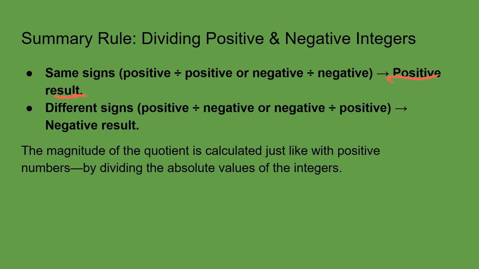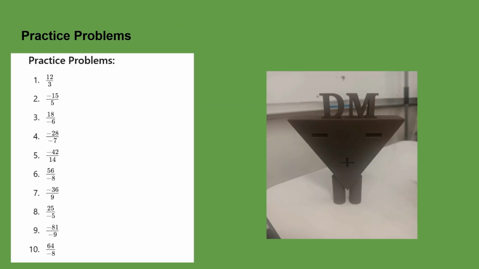Next, if it is different signs, for example, positive divided by a negative or negative divided by a positive, the answer would always be negative. The magnitude of the quotient is calculated just like positive numbers by dividing the absolute values of the integers. Okay, let's have some practice problems.